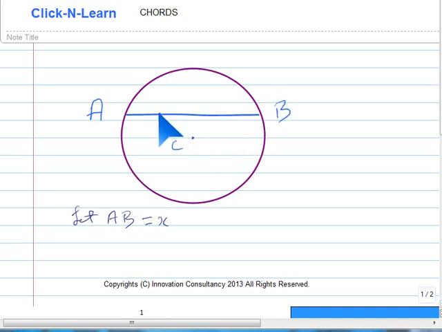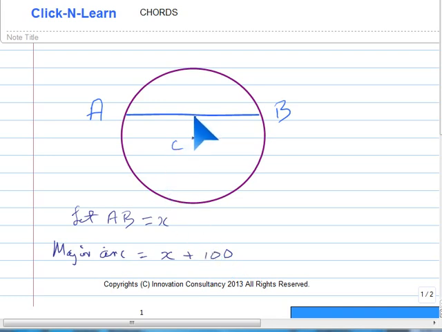Now the larger arc around here is 100 units greater than the minor arc. So the major arc is equal to x plus 100.